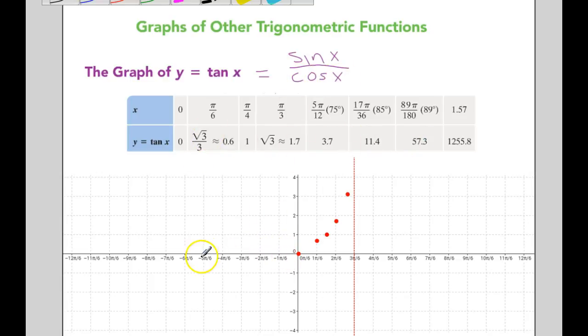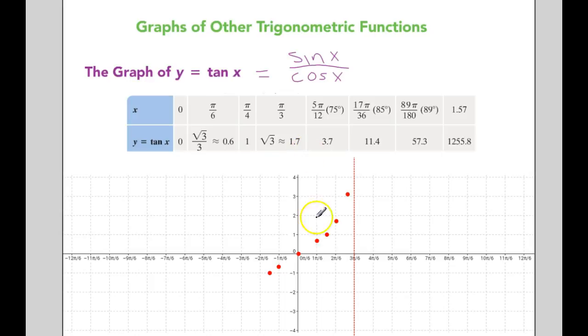But as we make our way to the left, it's a negative sine of the same number divided by a positive cosine of the same number, and it's giving us the opposites of these. So at negative pi over 6, we're going to get that negative 0.6, the same thing that we got before. Alright, at pi over 4, we got 1. So at negative pi over 4, we're going to get negative 1.